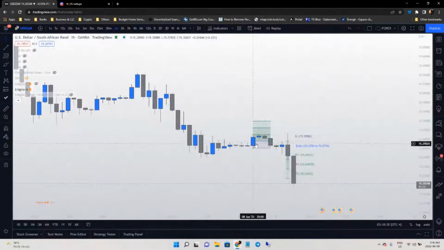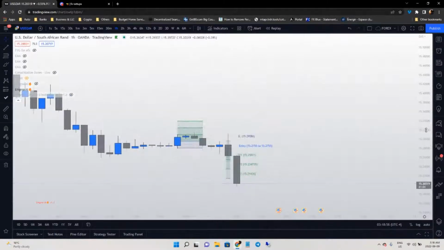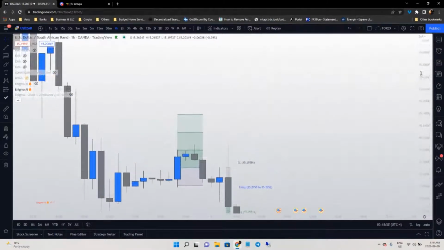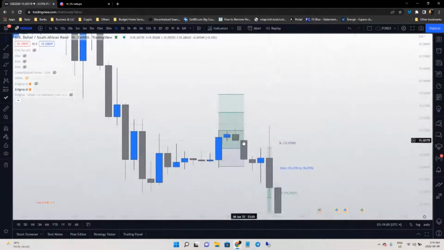Let's say you did a pending order, you would have been filled here and you would have lost the trade. And let's say you entered on market execution. Even on market execution, I wouldn't take the trade, and I'll show you why. At market execution, the take profit is too close to the entry price.